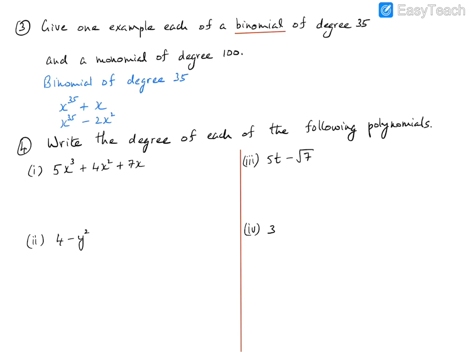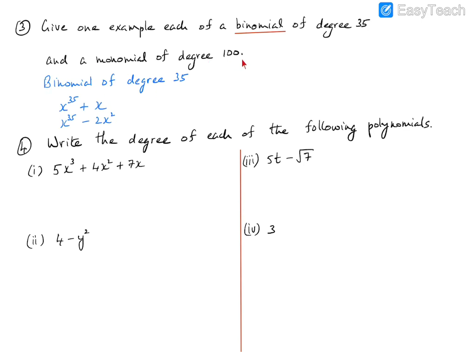So basically we need two terms and the highest power to be 35, and we can make many different combinations of this to satisfy the given condition. I've given you two examples, but we can make many more.